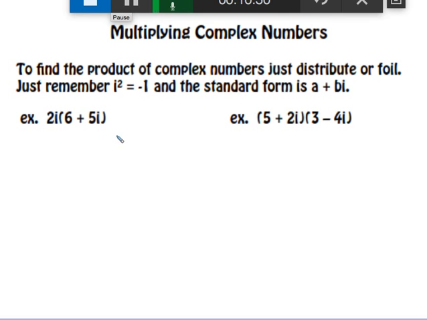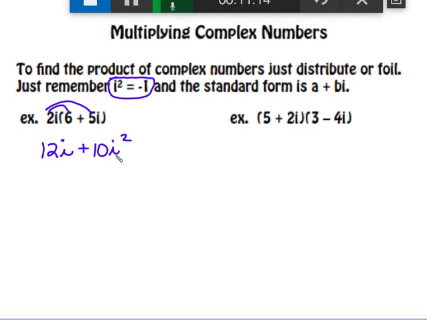All right, multiplying is a little more difficult because you have to remember this one little fact right here. i squared is equal to negative 1. So anytime you run into i squared, you just replace it with a negative 1. So when you're distributing, 2i times 6 is 12i. 2i times 5i is 10i squared.